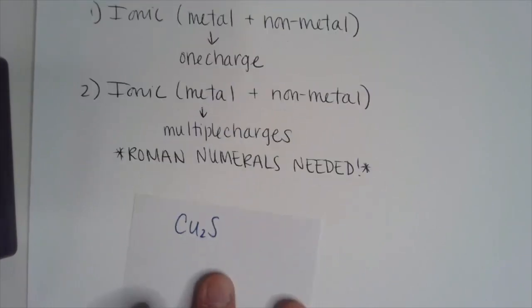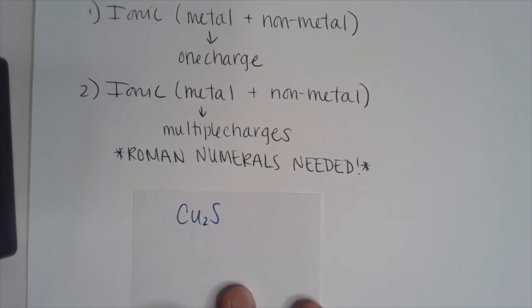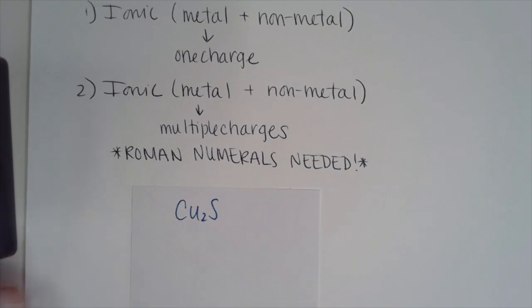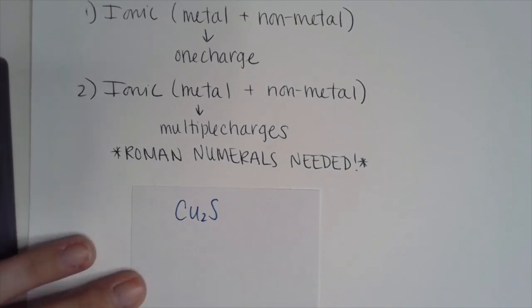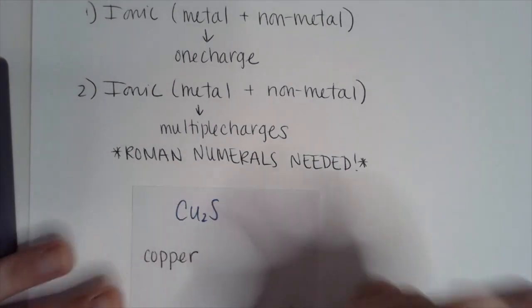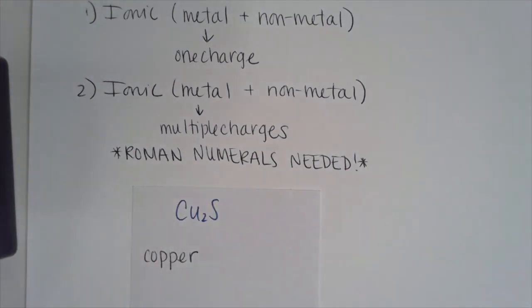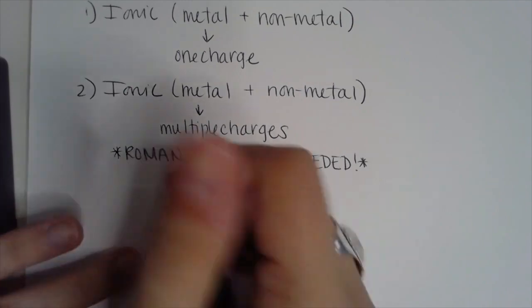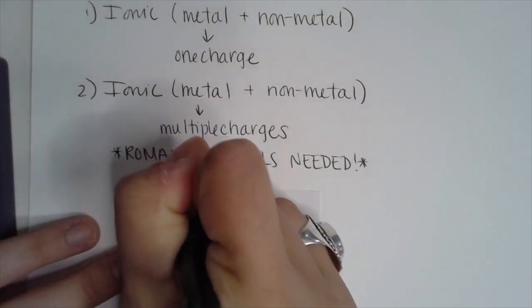So here's Cu2S. So your metal in this case is copper. You still have to identify what each of the elements are, so I'm just going to write copper down. And copper has two possible charges, and if you look on a periodic table, you'll see that its options are either +1 or +2.